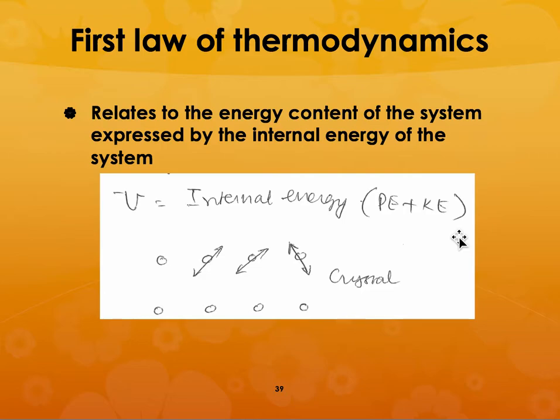And your standard one is that you neither create nor destroy energy, right? So because it is always constant. Okay, so the internal energy is a combination of potential energy and kinetic energy. For any crystal system, you can define the potential energy and you can define the kinetic energy.